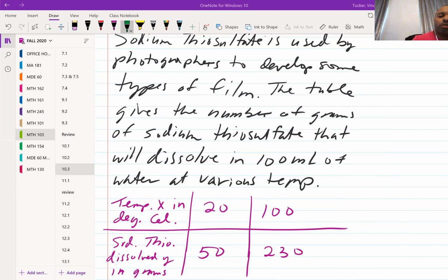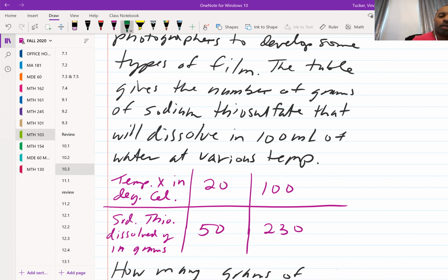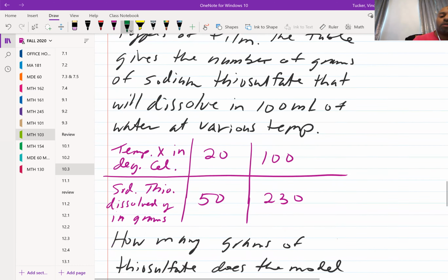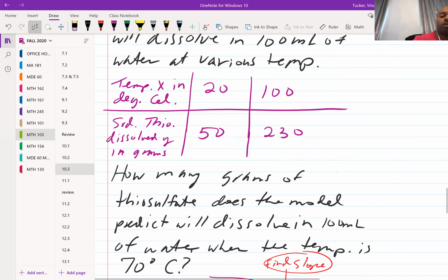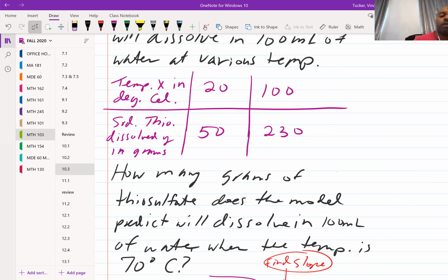All right, so if you look at what they gave us, our X, Y here. When X is 20, Y is 50. When X is 100, Y is 230. The rest of the problem asks: how many grams of sodium thiosulfate does the model predict will dissolve in 100 milliliters of water when the temperature is 70 degrees?